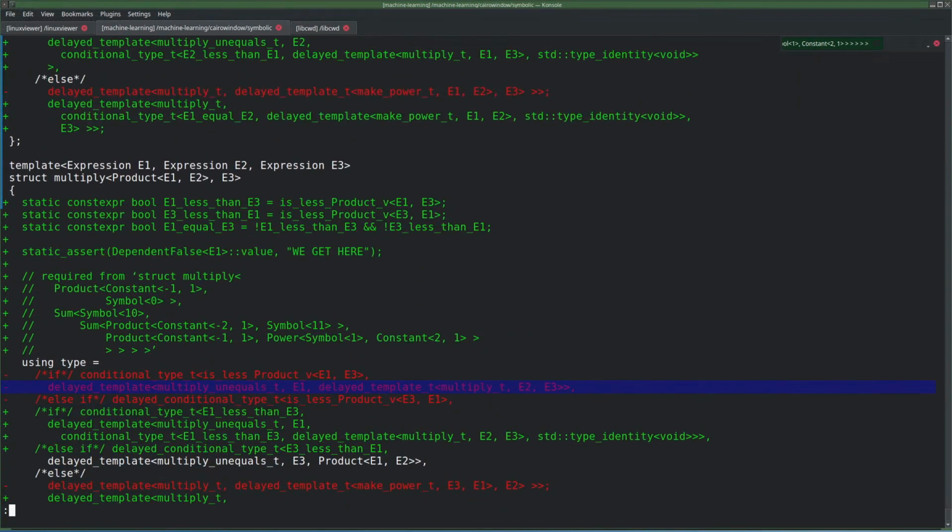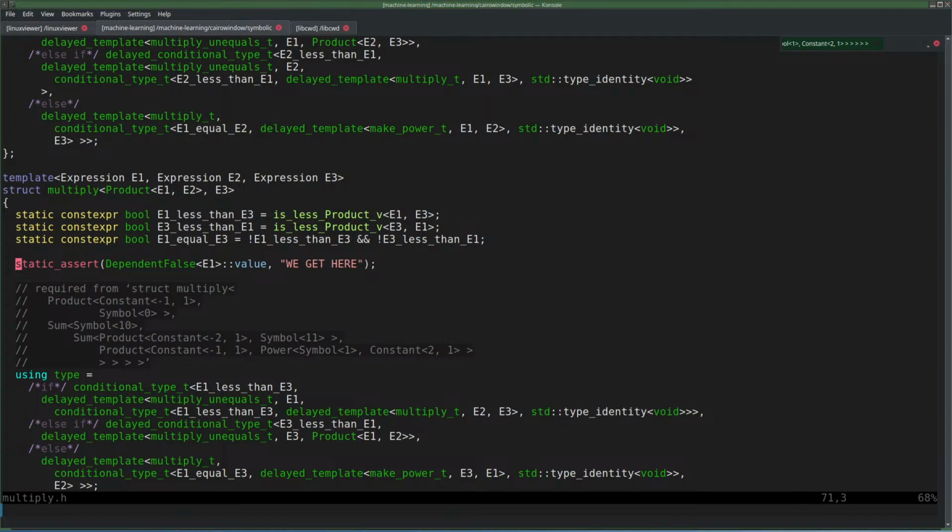There it is. That is just multiply, of course. Multiply.h. There you are. And now I do not want to assert if this is not the type of E2.